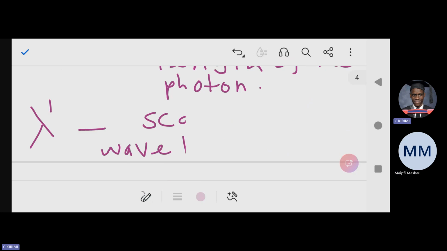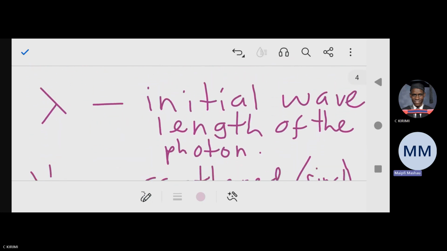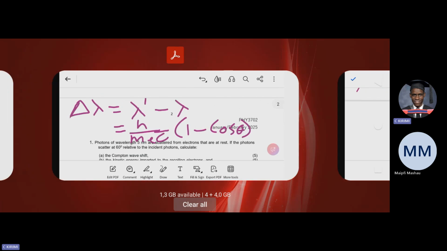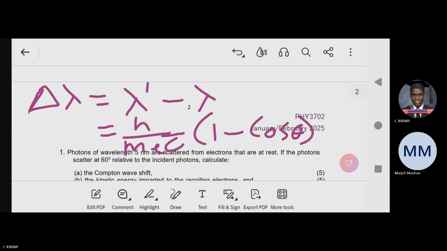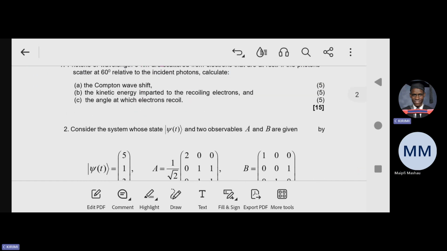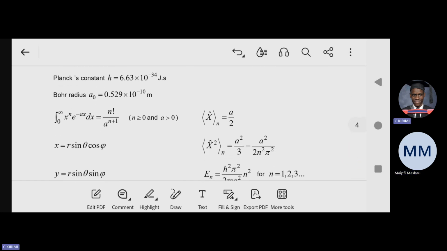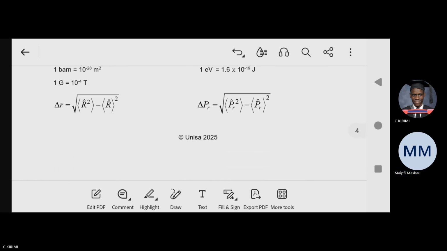Right. What is left now is to substitute into the equation. Remember what we said about the equation earlier. This is the setup of our equation. You must also know the mass of the electron and the Planck constant, which will be given at the back of the question paper, on the information sheet.